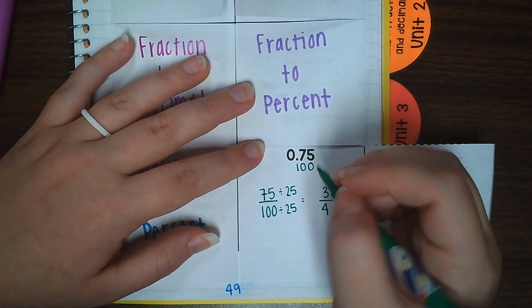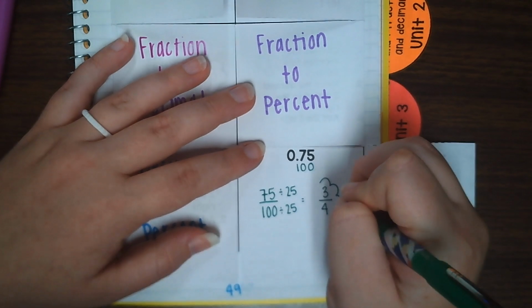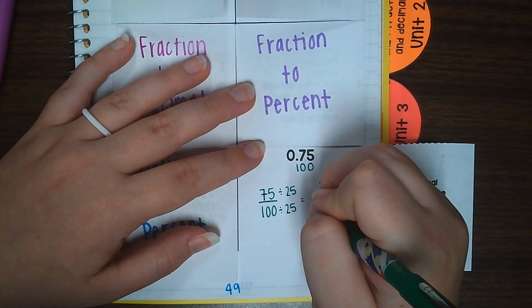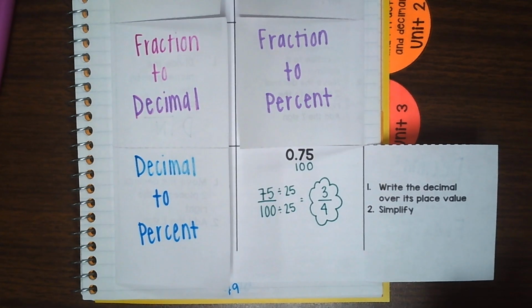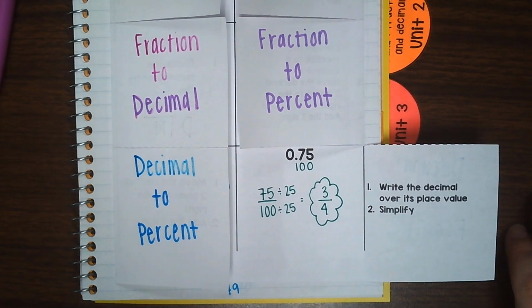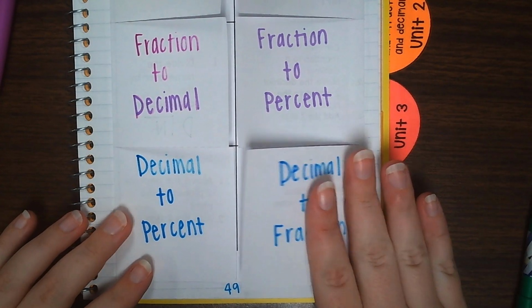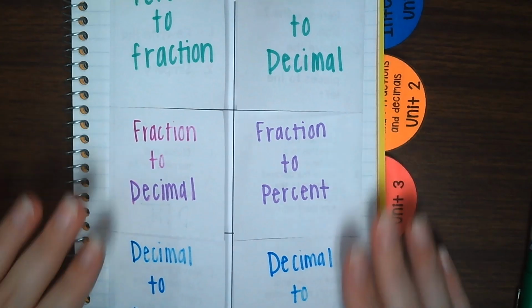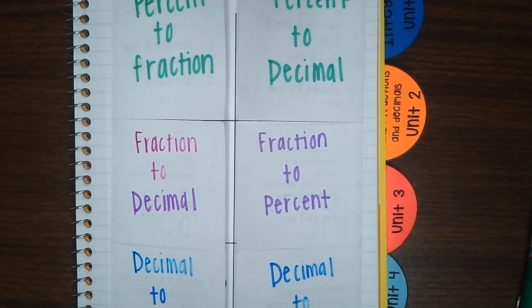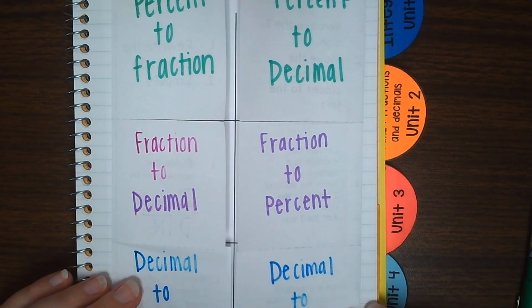So 75 hundredths is 3/4 as a fraction. So this is a very, very good reference sheet of how to convert between fractions, decimals, and percents here on page 49.